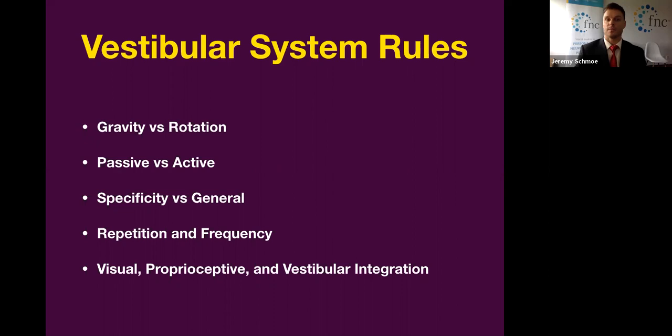The whole system does integrate together, meaning the gravity system and the rotational system are not the same per se, but they do integrate together. So it's important sometimes to mix and match, where you do something for the gravity system here, and then do something with the rotational system in a certain plane right after, or vice versa. The more specific you can get to the actual plane or the side that's off, the better chance you have of actually fixing it.